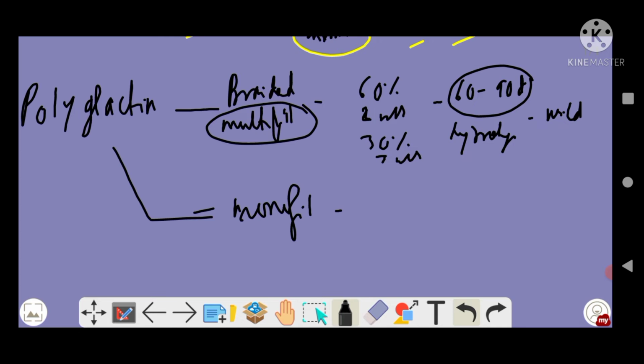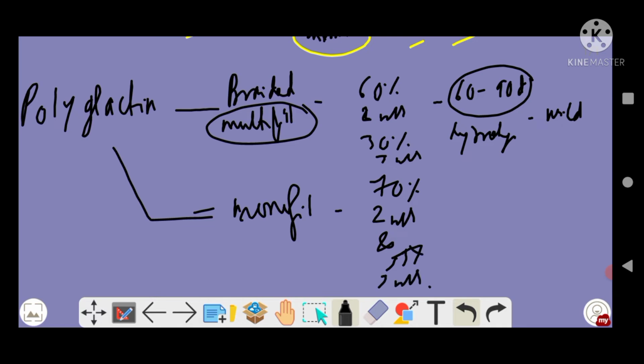Okay, a multifilament was a copolymer of lactide and glycolide, and monofilament is your copolymer of glycolic acid and trimethylene carbonate. Okay, and here 70% tensile strength remains by 2 weeks, and 58% remains by 3 weeks.